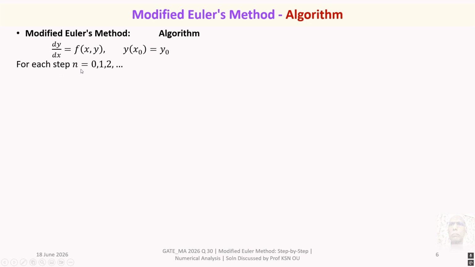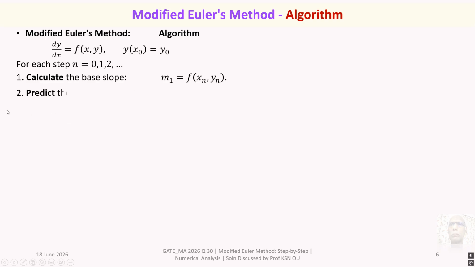For each step n is equal to 0, 1, 2, and so on. First, calculate the base slope. What is the base slope? m1 is equal to f of xn yn, right? So when n is equal to 0, m1 is f of x naught y naught, and when n changes, the value of m1 also changes.